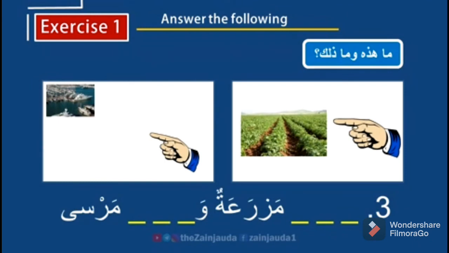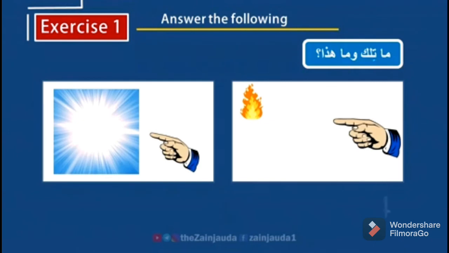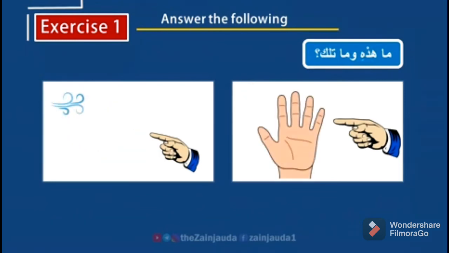The answer is مزرعة ومرسى. Please add the pronouns. ما تلك وما هذا. Now you have to give both of the phrases. ما هذه وما تلك.